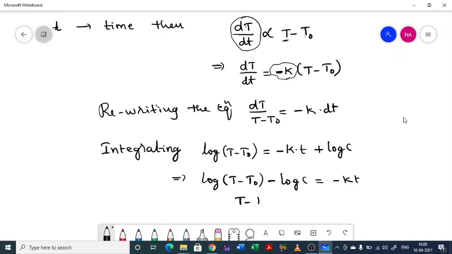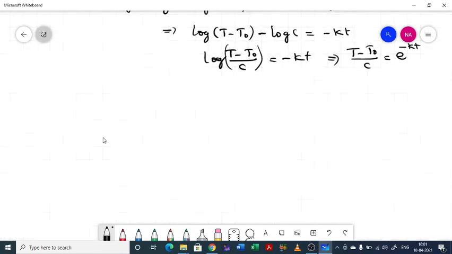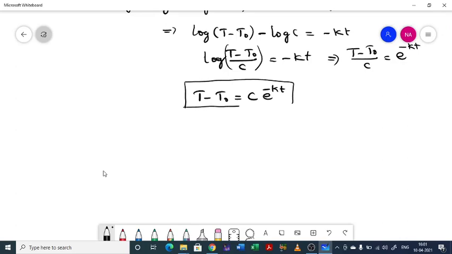So log of (T minus T naught) by c is equal to minus kt. Taking exponential on this side, it will be (T minus T naught) divided by c equal to e power minus kt, or we have the relation T minus T naught equal to c into e power minus kt. This is the formula we are going to use to solve problems on Newton's law of cooling.